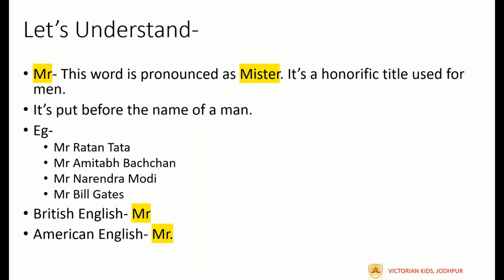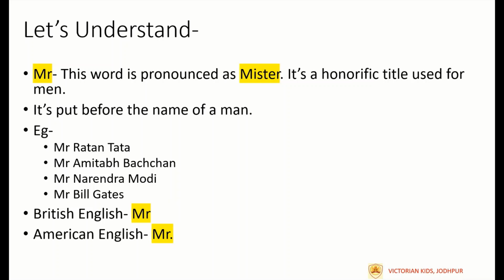For example, if the name of your father is Kamal Singh, you would not simply say, "My father's name is Kamal Singh." Instead, you will say that my father's name is Mr. Kamal Singh. Why should you use Mr. before the name of your dad? It is because you want to give him respect as he is elder to you.